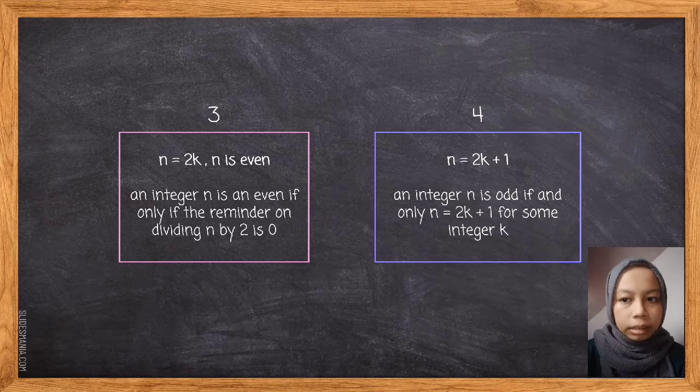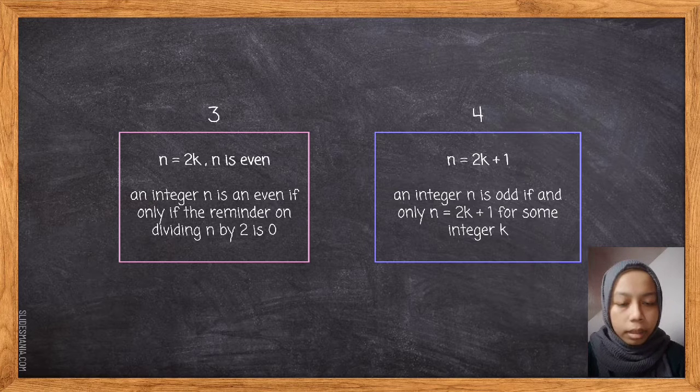An integer N is even if and only if the remainder of dividing N by 2 is 0. Number 4, an integer N is odd if and only if N equals 2K plus 1 for some integer K.